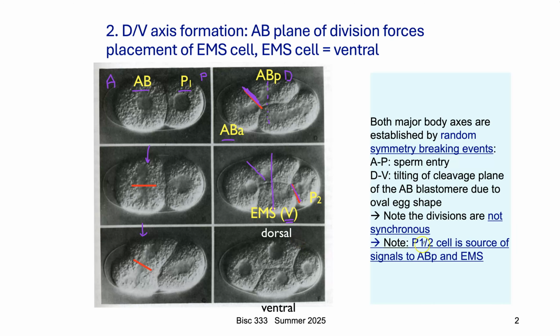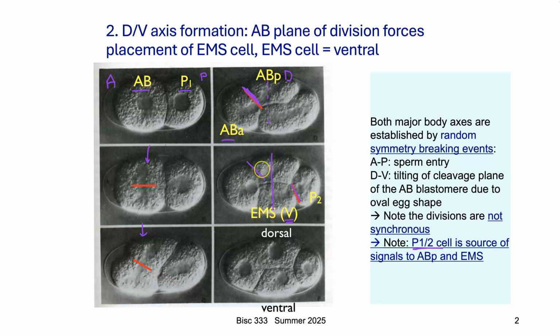Okay, and so the 2 key things are the divisions are asynchronous. They don't have the same plane of division, and there is something about the physicality of having an egg that's a little narrower at one end and wider at another that causes this sort of odd offsetting of the division plane. Okay, and then it turns out that the P1 and the P2 cell, P1 before it divides and then P2 afterwards, it's a source of signals to the ABP and the EMS cells.